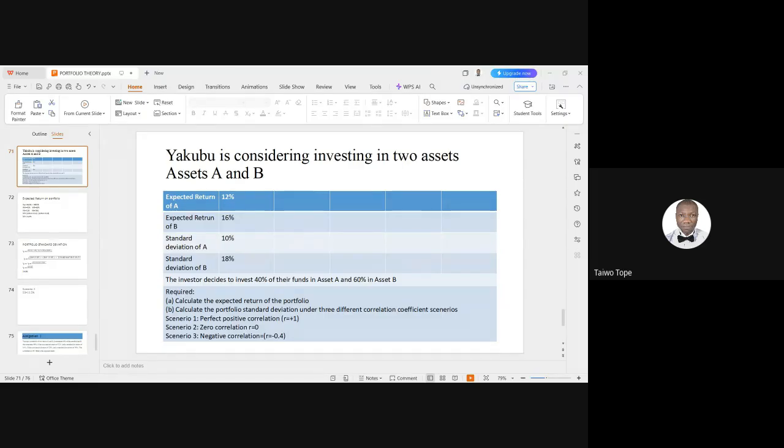Scenario 3, because when you compare the standard deviation, scenario 3 has 9.9 compared to 11.52 of scenario 2, compared to 14.8% of scenario 1.